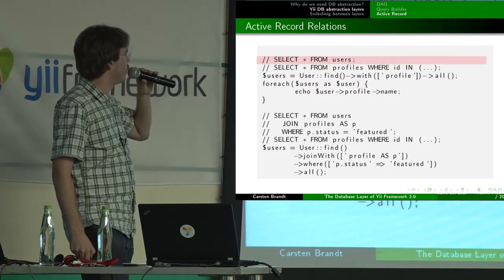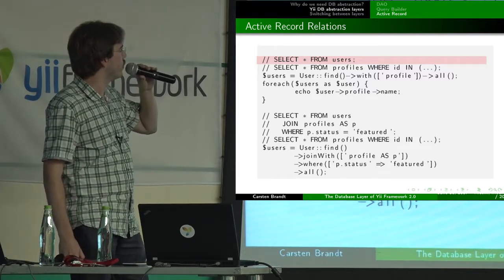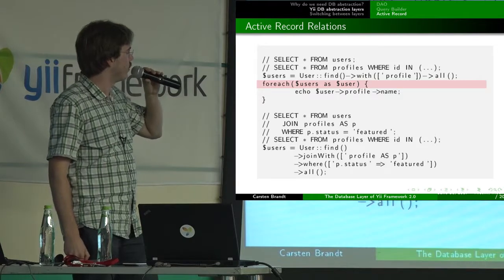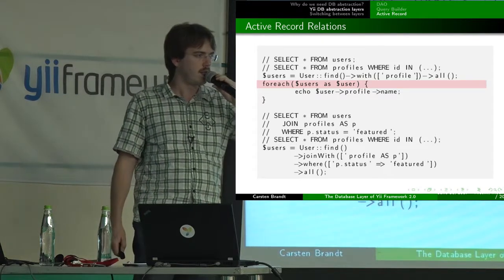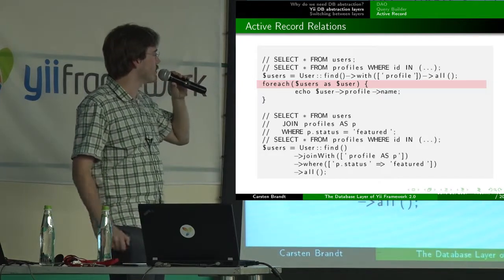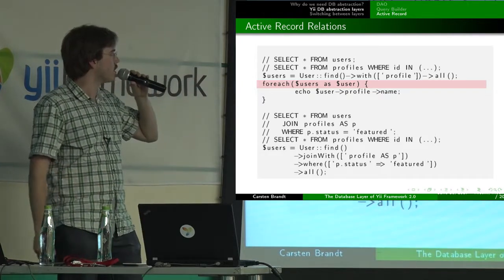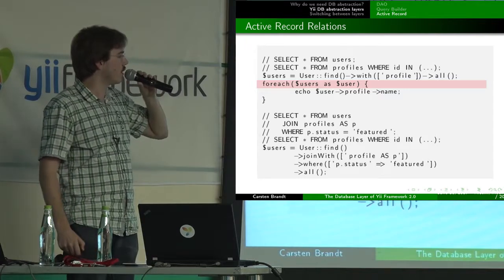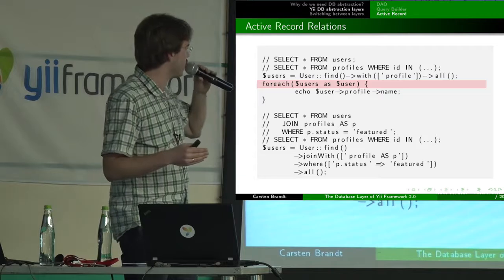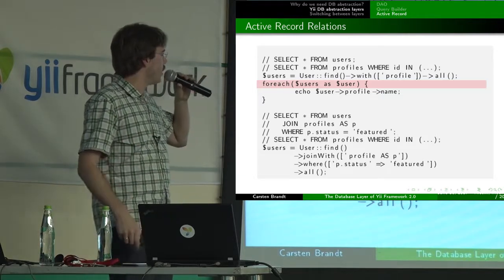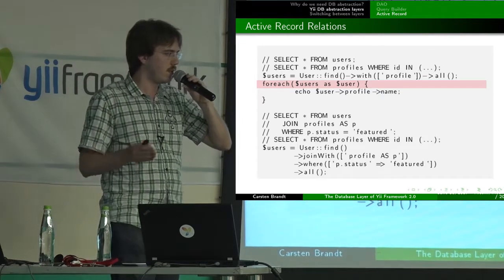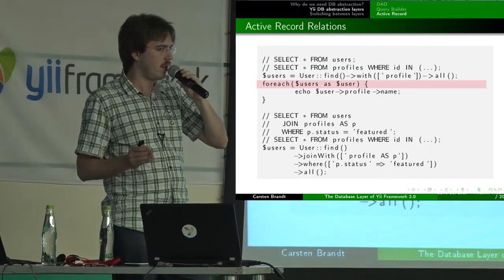If we want to work with a lot of users, so we select all users in this case, and we want to iterate over them, it's important to use this construct which is called with, because if we do not tell Yii to eagerly fetch the related records, the related profiles, in each line of the foreach, we will make a database query. If we have a lot of users, that will be really bad.